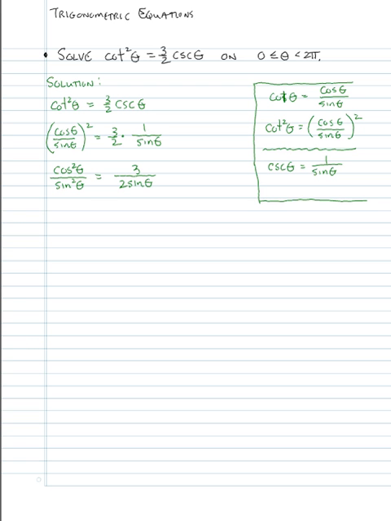Okay, so we still have an equation that has two different trig functions in it, and if I'm trying to solve an equation anyway, I try to get rid of denominators where the variable is. And so in this case, I need to multiply both sides of the equation by something that will cause a cancellation of the denominators, if you will.